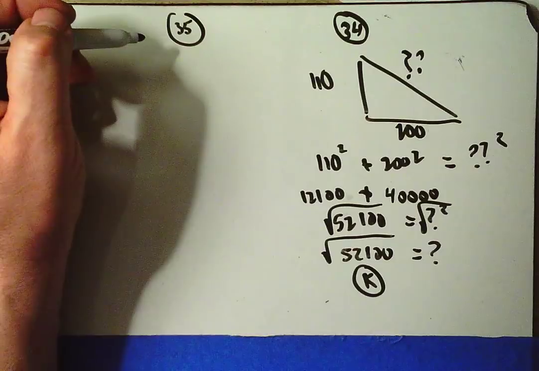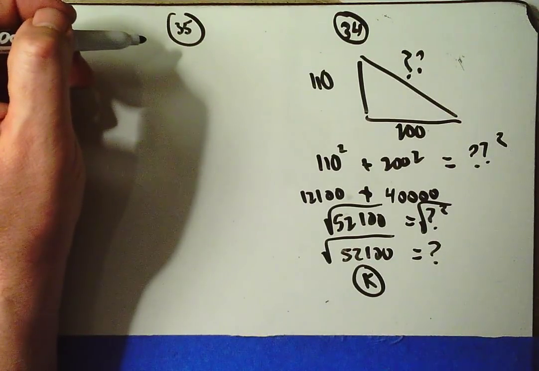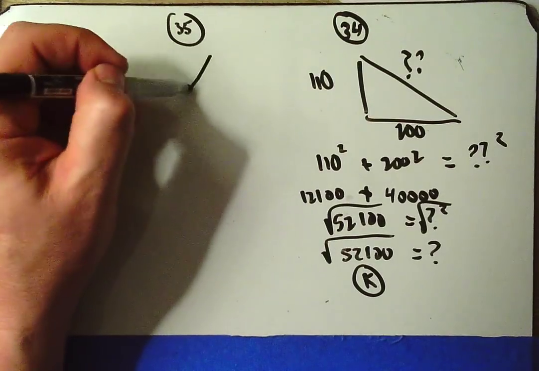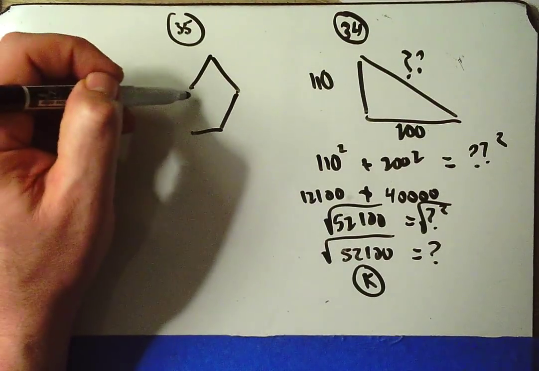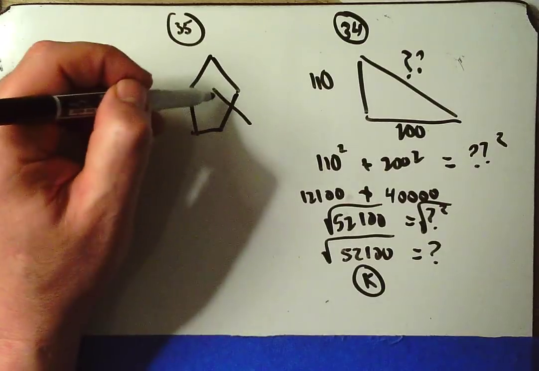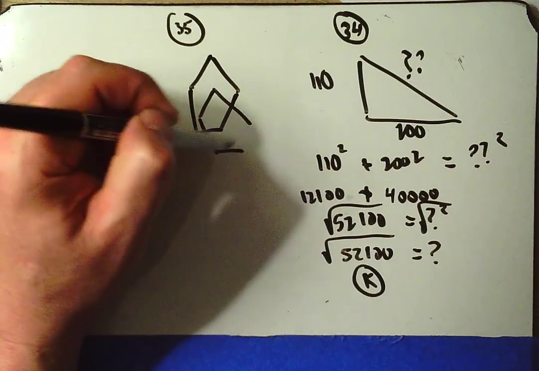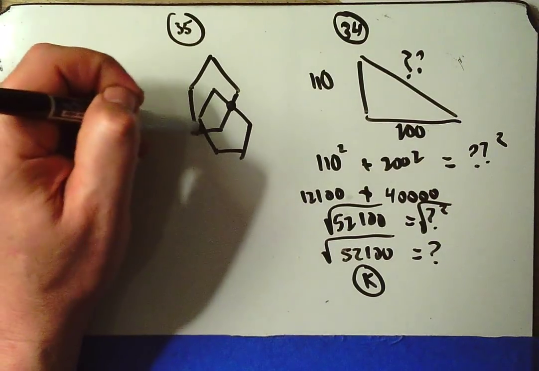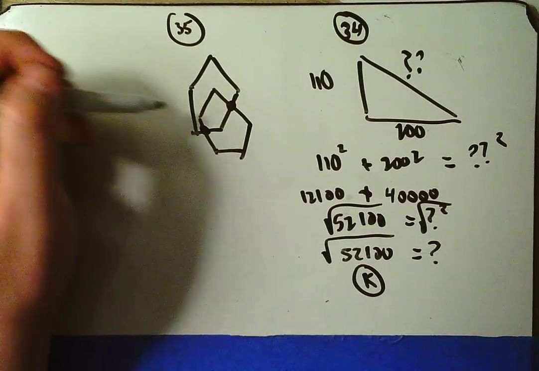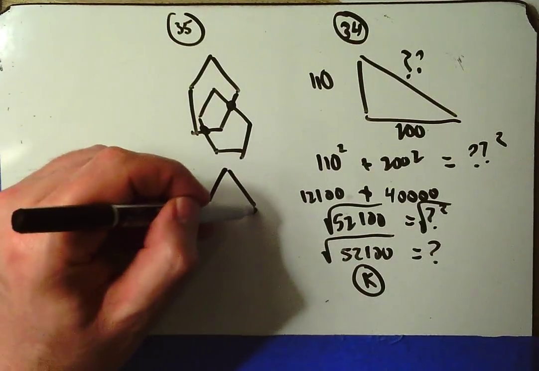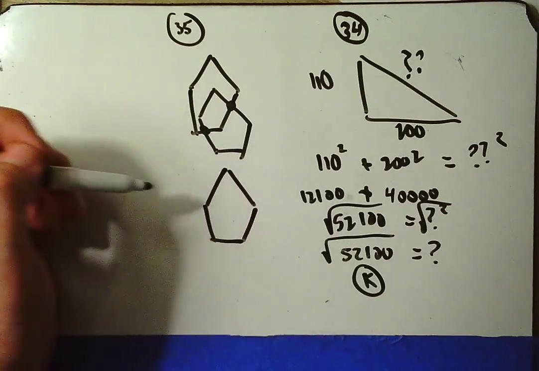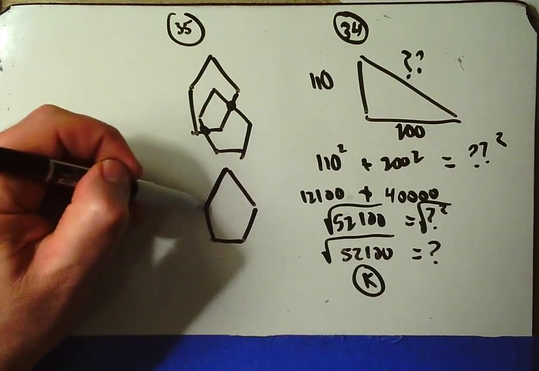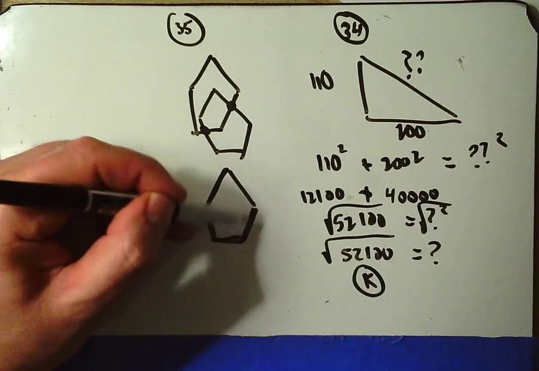Suppose a second pentagon is overlaid. At most, how many points of intersection? Well, I got that if I overlay them this way, I'll only have 2 points of intersection. But what if I take the first pentagon and then the second pentagon and I overlay it exactly?